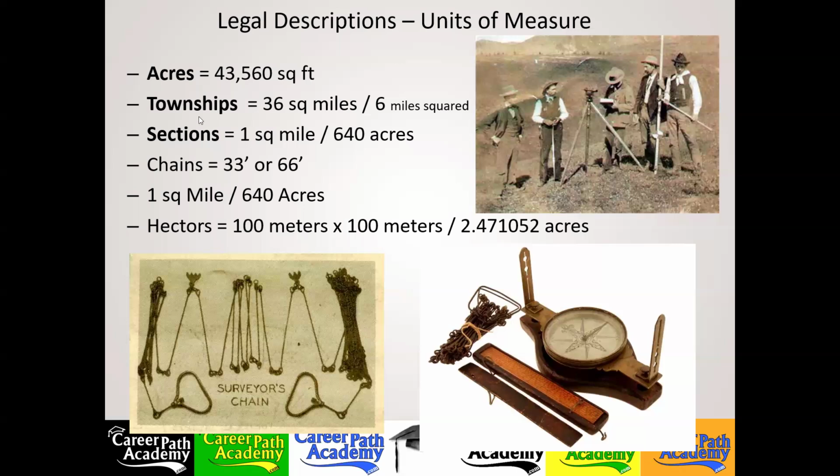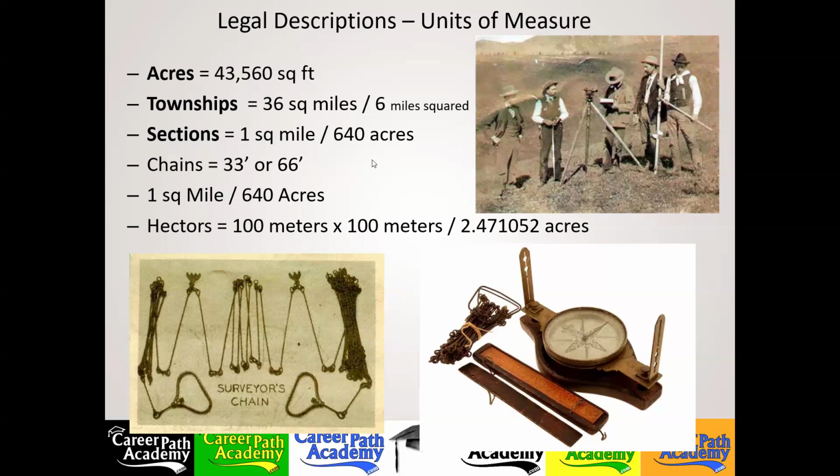This is talking about the townships as a unit of measure. A township is 36 square miles or 6 miles squared. A section is 1 square mile. So there's 36 sections in every township.